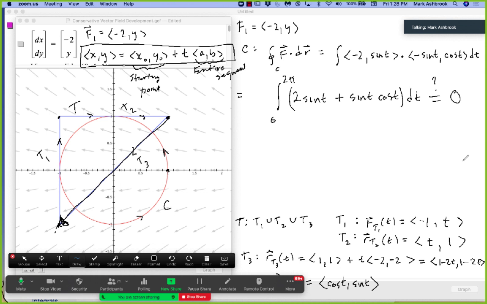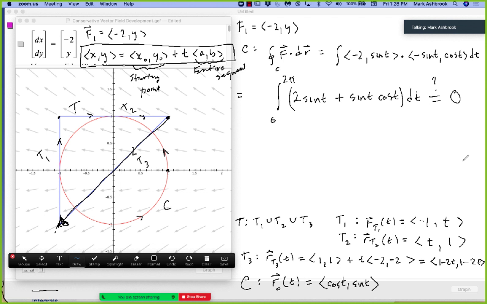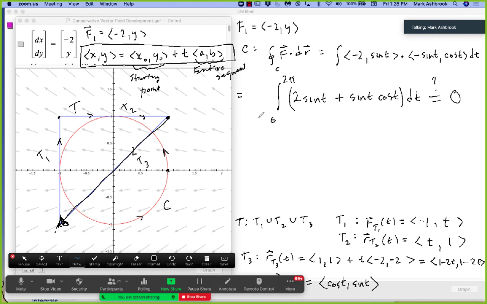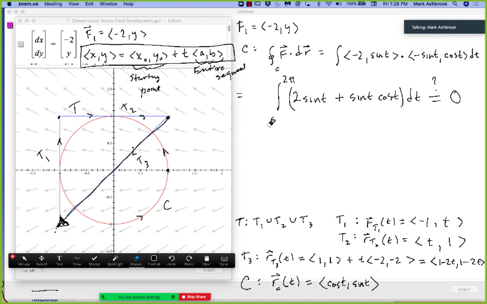Once we get all 4 written out, we're going to get the values for the 4 circulation line integrals. But we'll move on to the other field now. Any questions on the first 2? All right, here we go.